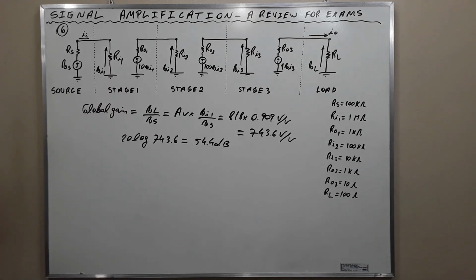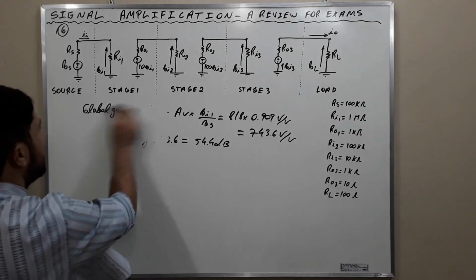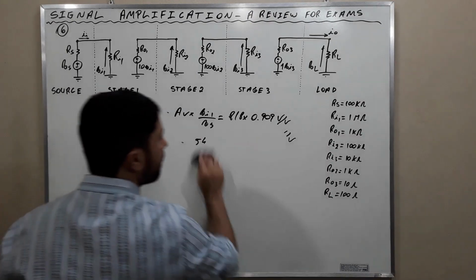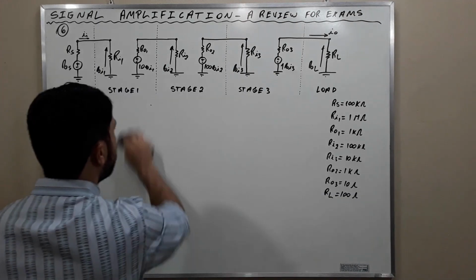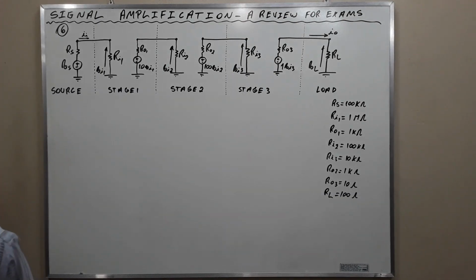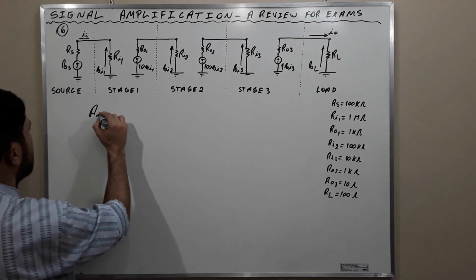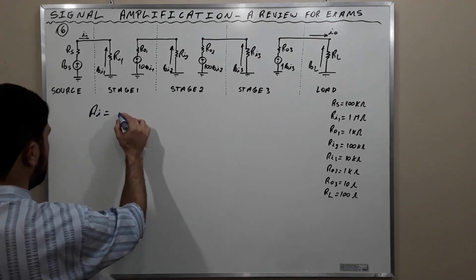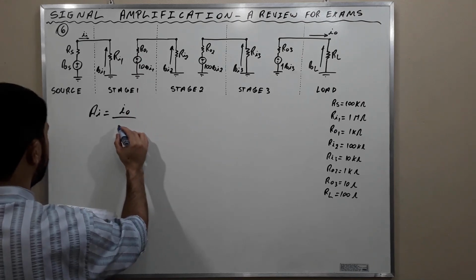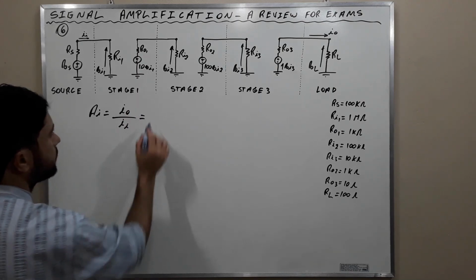All right, now we are going to calculate the current gain. Let's calculate the current gain now. The current gain is going to be the output current divided by the input current.